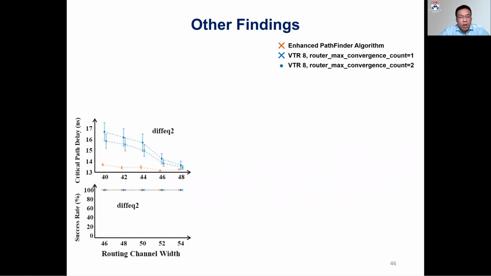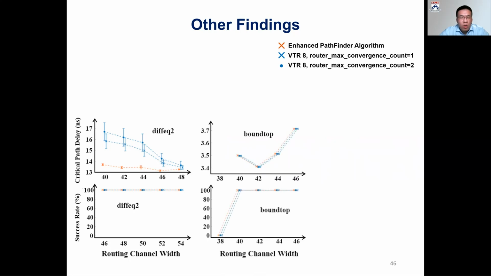We also collect the routing results and the success rate under different routing channel widths. The trend is as expected for most benchmarks: a larger routing channel width leads to a shorter routing critical path delay. But we also find that for some benchmarks, when providing more routing resources, the longest critical path delay increases.